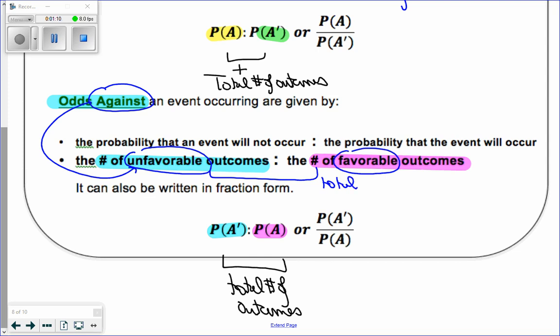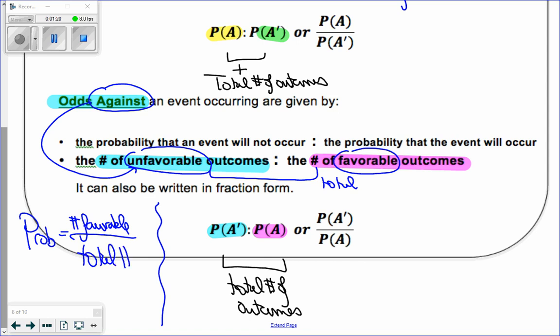Now, how this compares to probability. For probability, it's the number of favorable over the total number. Whereas odds is number of favorable to number of unfavorable, or number of unfavorable to number of favorable. How do kids screw this up?